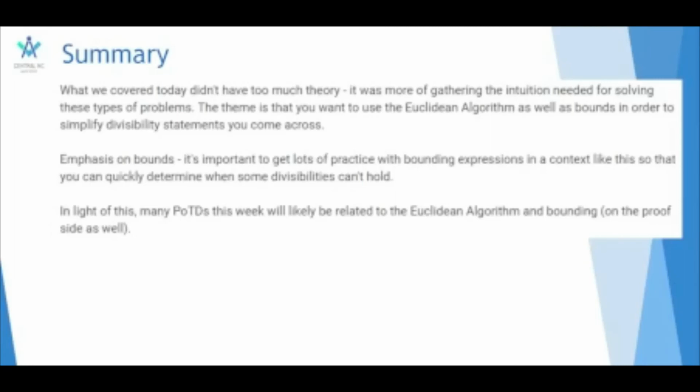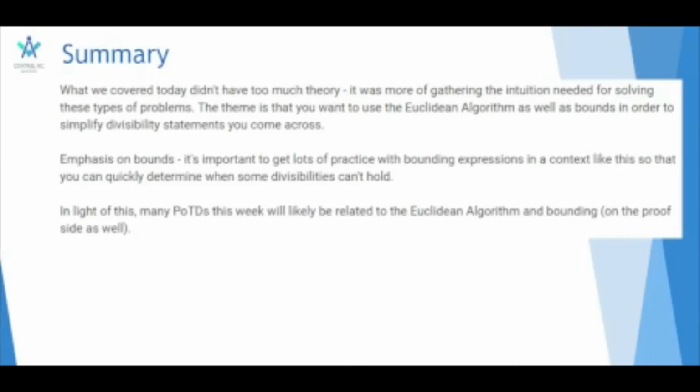Alright, so we're coming to the end here now. What we covered today didn't have too much theory. It was more about solving problems and gathering insights for problems in which you have these arbitrary divisibility conditions and you want to simplify them as much as possible. To do this, we did a lot of Euclidean algorithm simplification as well as bounding.